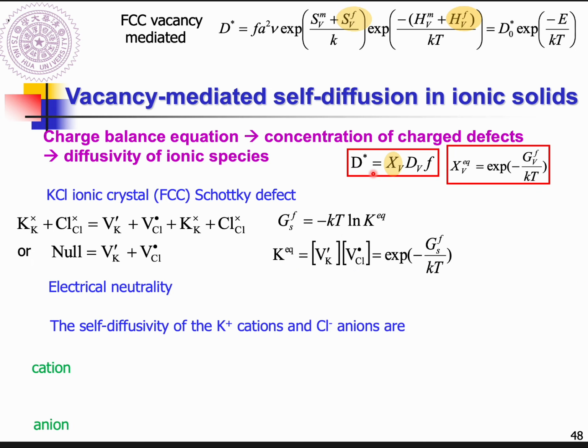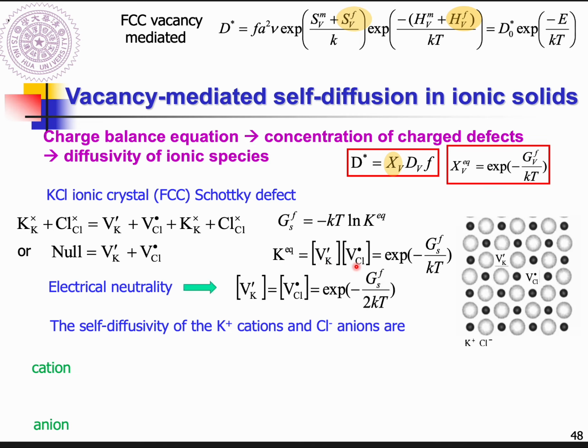Okay, so in order to get D star K and D star Cl, don't forget that Schottky defect formation also needs to obey electrical neutrality. So the number of VK will be equal to the number of VCl, right? So VK equals VCl. This is the fraction, okay?